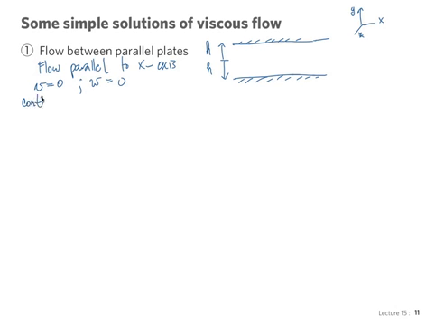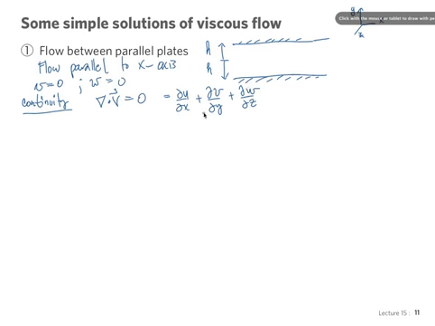Continuity in differential form said that the divergence of velocity is equal to 0. That is equal to du dx plus dv dy plus dw dz. But v is 0 and w is 0.